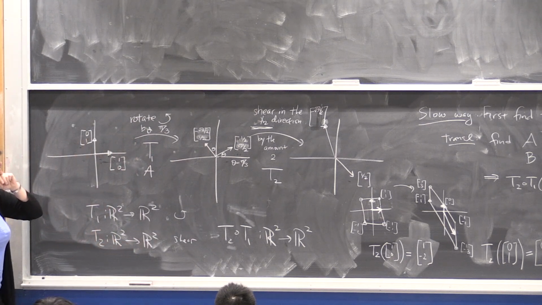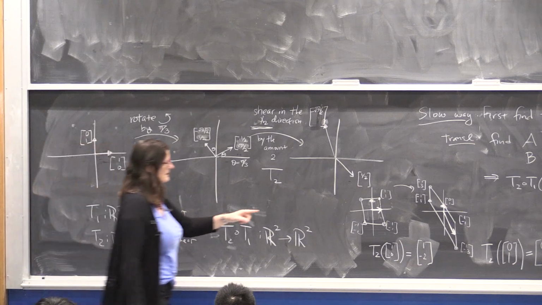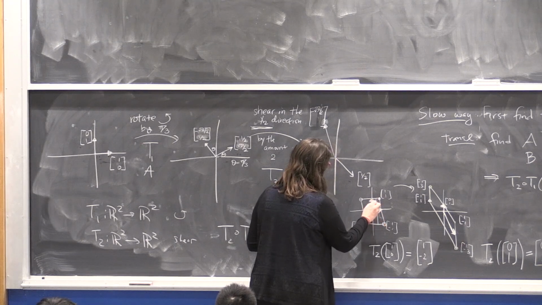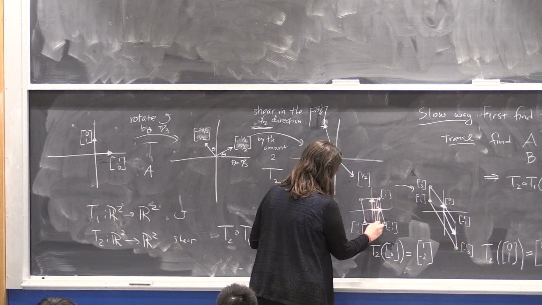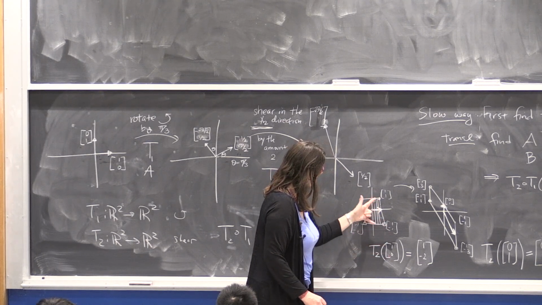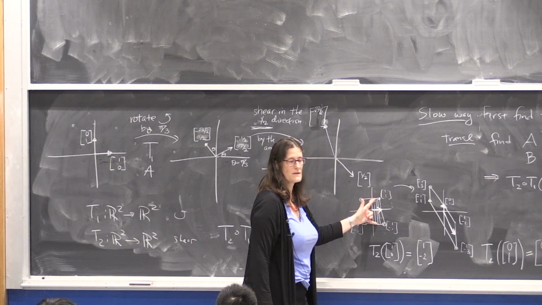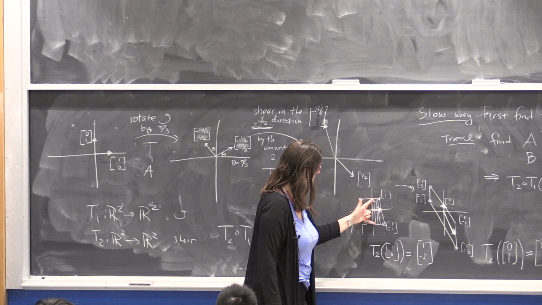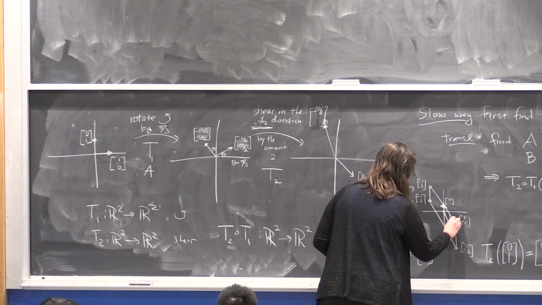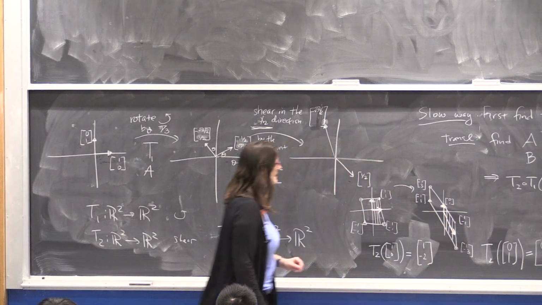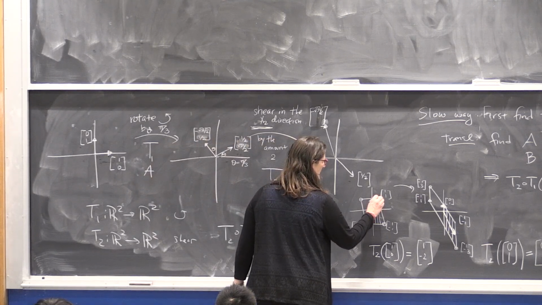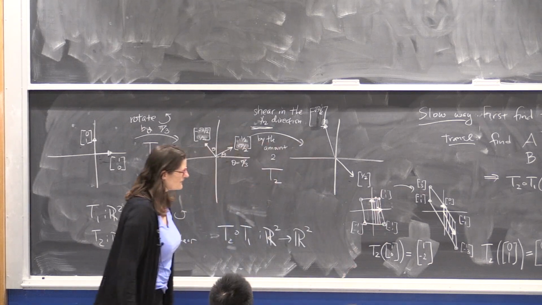This is where things get a little bit tricky, because if I ask you what happens to this line, or this line, or this line, we know that this line goes down by 2. But this middle line, does it go down by 2? No, it goes down by less. And the closer you are to the center, the less you go down. And so you have to figure out, if you are 1/2 out, how far do you go down?